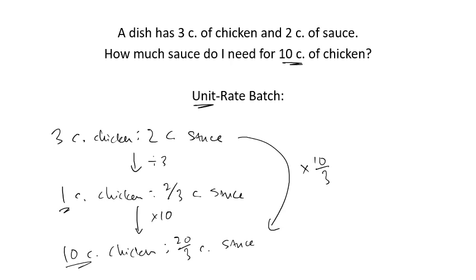Now, at the end of this, if students recognize that this divided by 3 and this multiplied by 10 could be combined into one step and just do multiply by 10/3, great, all the better for it. But as an introduction to this, breaking this into steps, having an idea of where we're trying to get to, that we're trying to get to this unit rate of chicken, which is a strange phrase, that's going to be our target and give students a lot more reasonable goal to work toward.